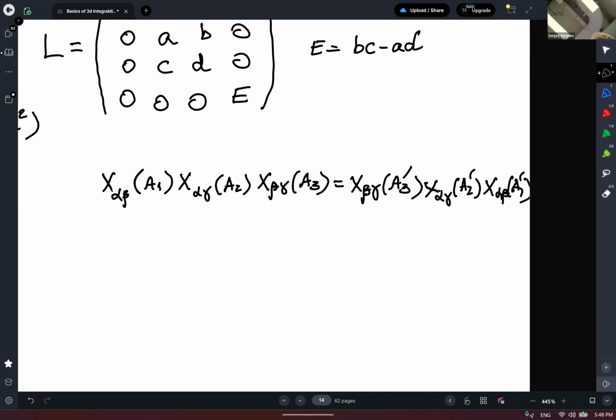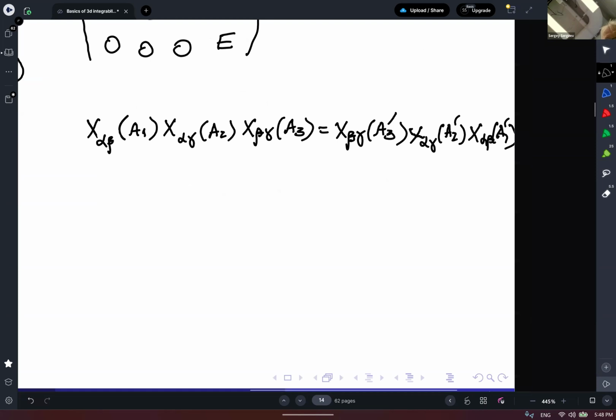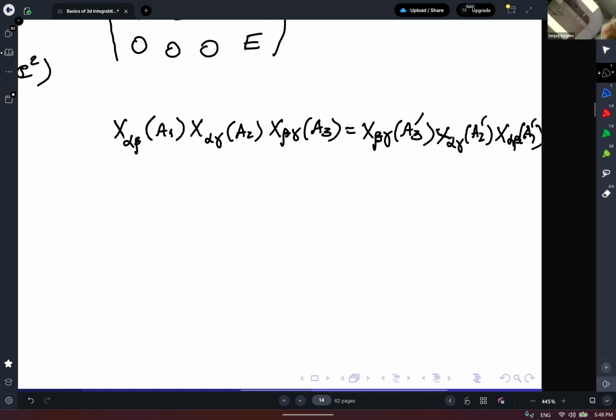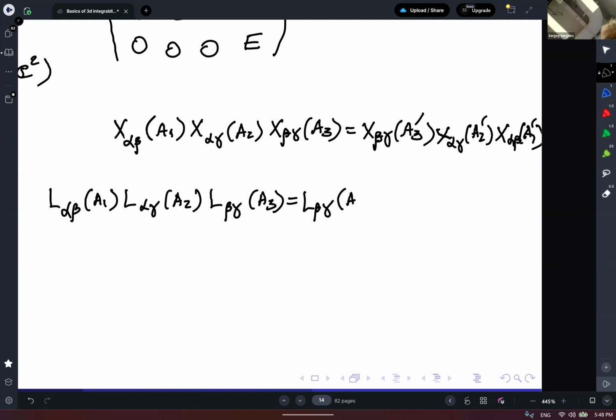So entries A, B, C, D in the left and in the right, how they are related, it's the subject of this equation. So this equation is absolutely equivalent to the equation L alpha beta of A1, L alpha gamma of A2, L beta gamma of A3 equals L beta gamma of A3 prime, L alpha gamma of A2 prime, L alpha beta of A1 prime.